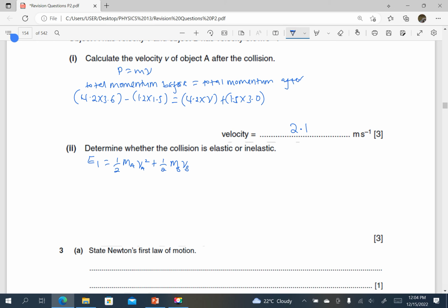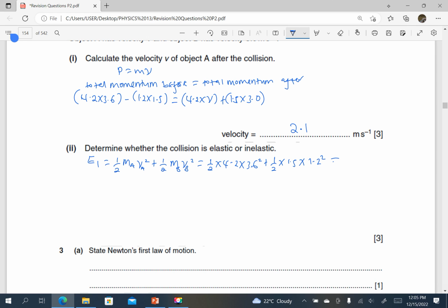speed of B squared, which is going to be, for A it is a half, mass of A was 4.2, the speed of A was 3.6 squared, plus a half, mass of B, which is 1.5, speed of B, which is 1.2 squared. You don't need to put a minus here when you are dealing with kinetic energy.